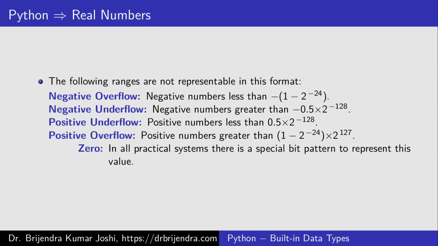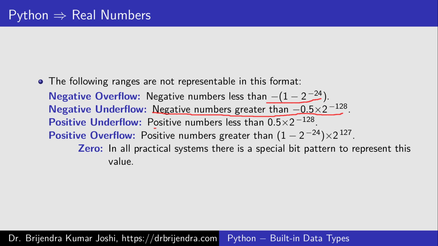The following ranges are not representable in this format. Negative numbers which are less than minus 1 minus 2 to the power minus 24, this is known as negative overflow. Negative underflow, the negative numbers which are greater than minus 0.5 multiplied by 2 to the power minus 128.